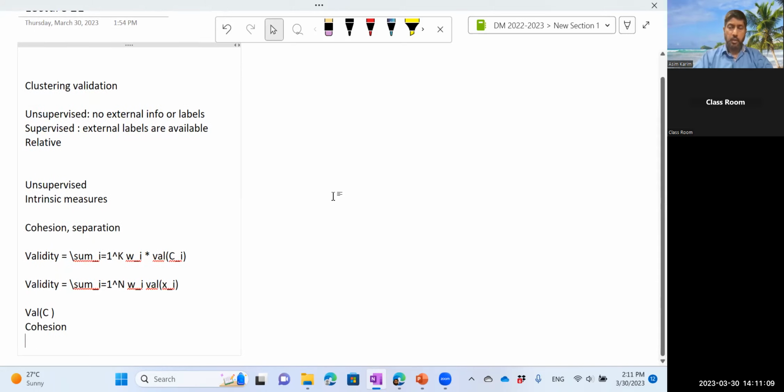Cohesion में basically जो होगा, for example, this could be the sum of distances of objects in a cluster. ठीक है? So pairwise distances of objects within a cluster. So that could be, अब ये distances and ये similarities भी हो सकती हैं.